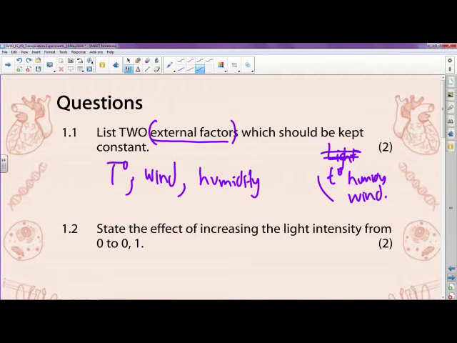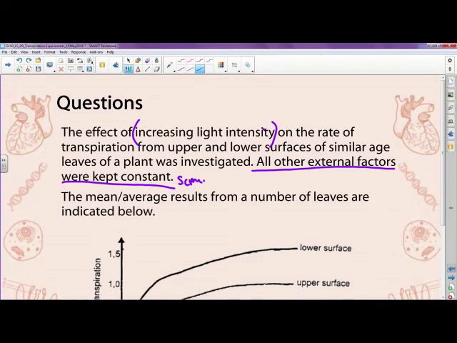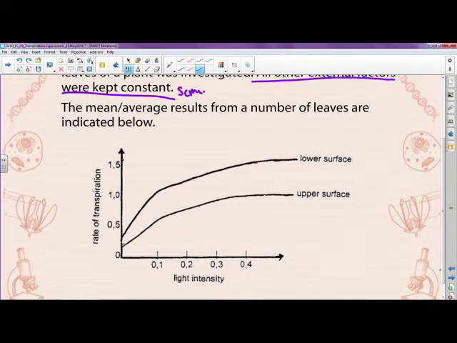Now question 1.2. State the effect of increasing the light intensity from 0 to 1. So we go back to our graph. There is 0 and there is 1 over here. No matter which of your surfaces, they didn't ask you for upper or lower.